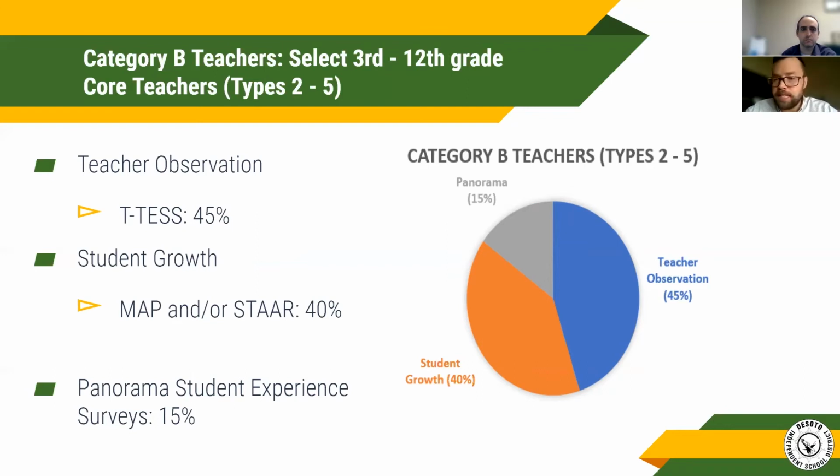So the first is T-TESS, 45%, the exact same way as category A teachers. 40% of the points come from MAP and or STAAR, depending on what course you teach. And then 15% comes from those Panorama student experience surveys that are directly related to your classroom. So let's jump into the individual types.